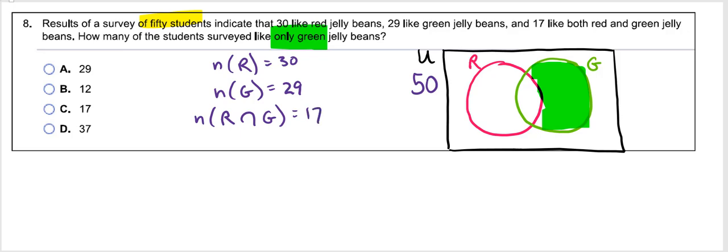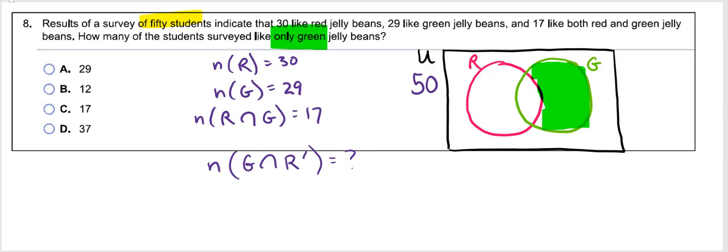We want to find just the number that like green only. So we're actually looking for the number that like green and not red. That's what we're looking for.